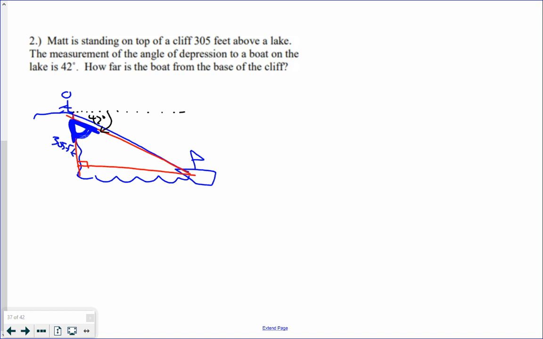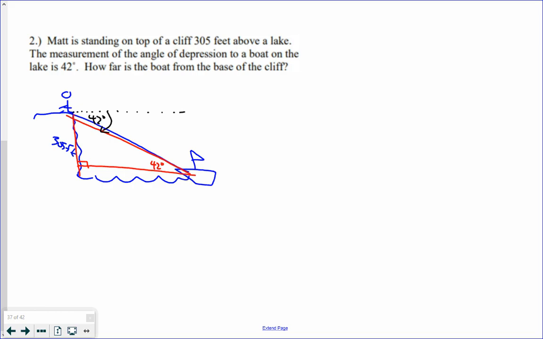The angle of depression has to be from a horizontal line coming down to the hypotenuse. Now, because it is outside the triangle that I want, and because angles of depression and angles of elevation are the same, we can just follow the Z. So if you follow the Z, then if this is 42, we can assume that that is 42. Angles of depression and angles of elevation are the same number.